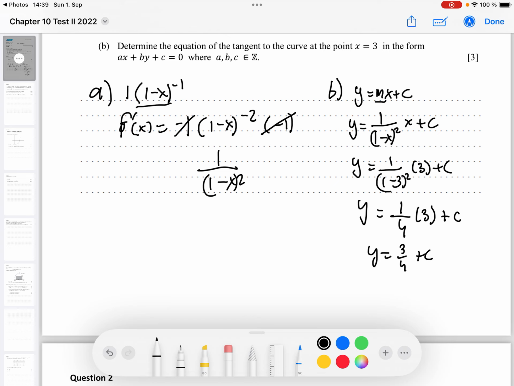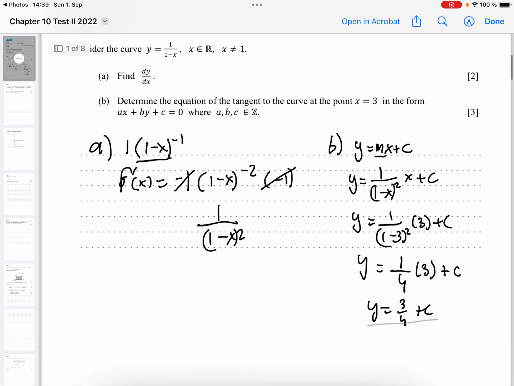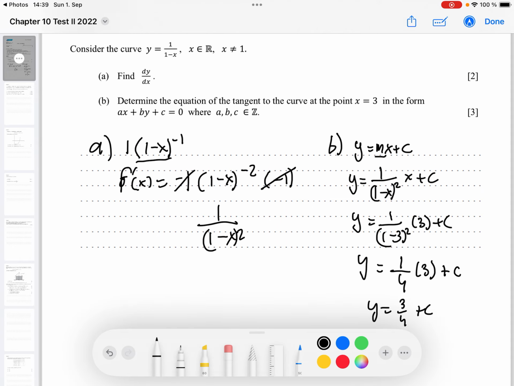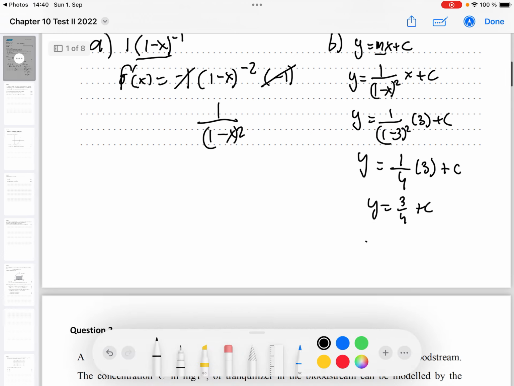Now we just have to find f of 3. So in this case, we're finding it at x equals 3, so we substitute 3 into this function, which gives us negative 1/2. So we have negative 1 over 2 equals 3 over 4 plus c. So therefore, if we do negative 1 over 2 minus 3 over 4, we get c, which gives us negative 5 over 4.